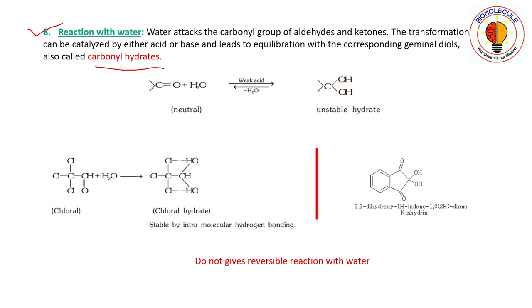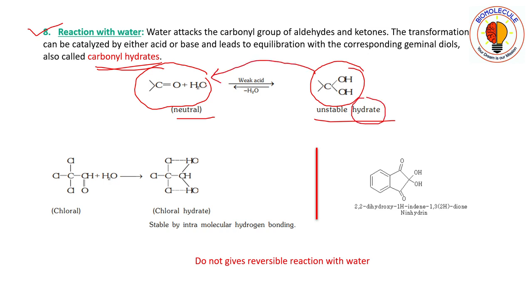Okay, now carbonyl hydrates. So this is neutral condition. Carbonyl will react with water molecule and you will get an unstable hydrate, that is the geminal diol. Unstable hydrate, it has a tendency to revert back to the original carbonyl compound.